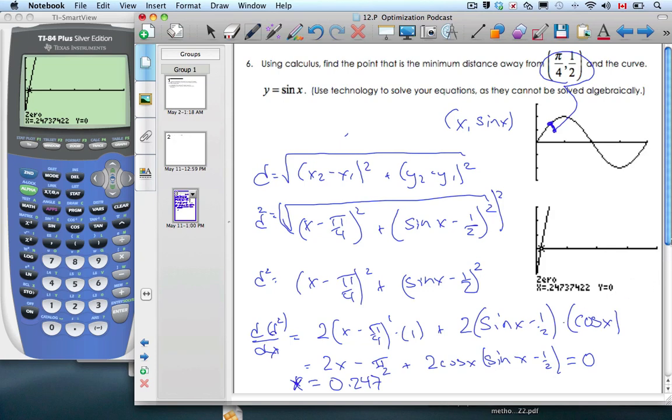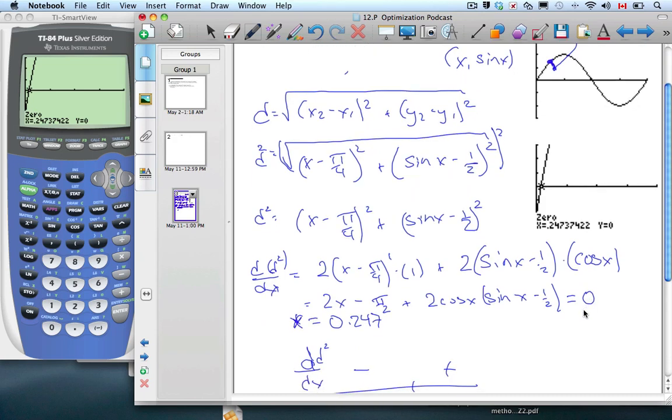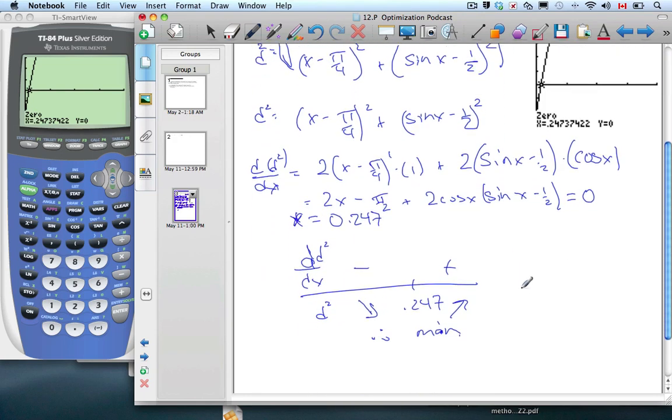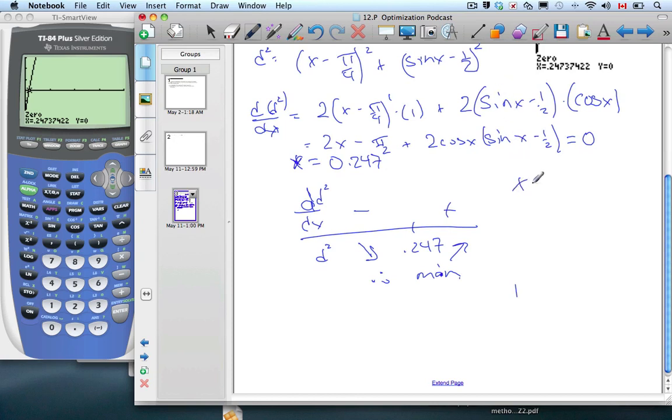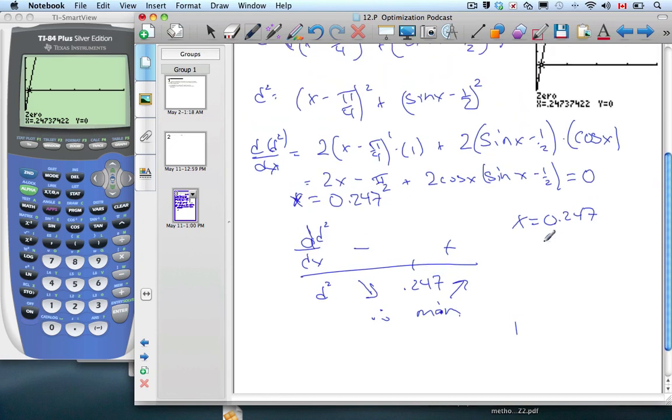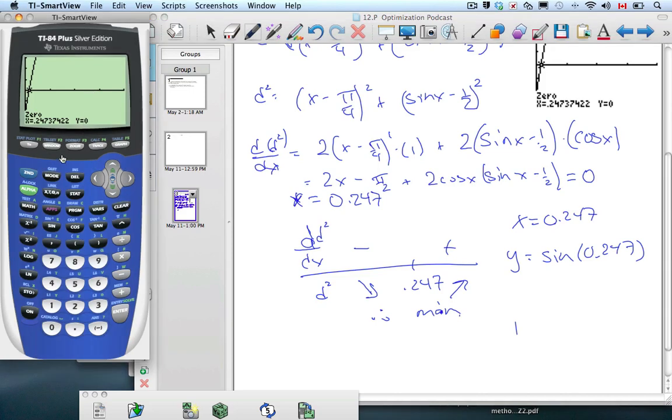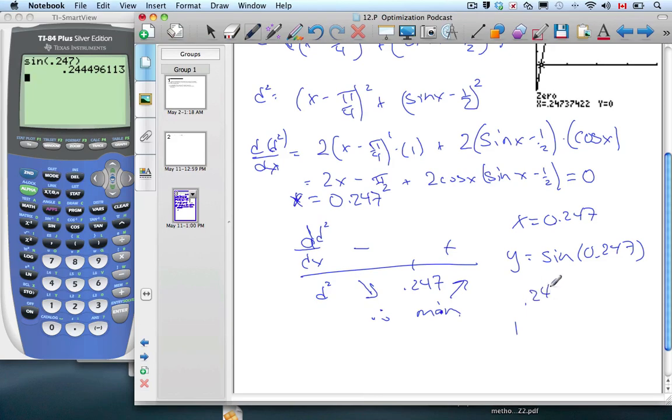Here's my x value. If I want to find the actual coordinate point, if x equals 0.247, I want to plug that into my sine function. The sine of 0.247, doing that in my calculator, is 0.244.